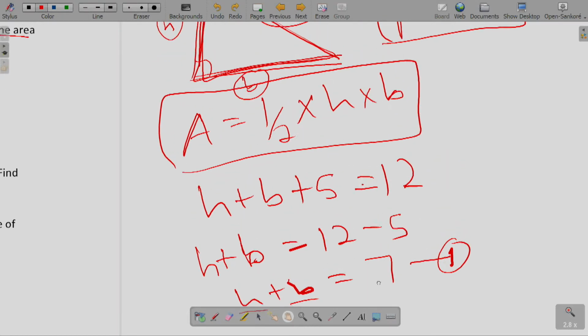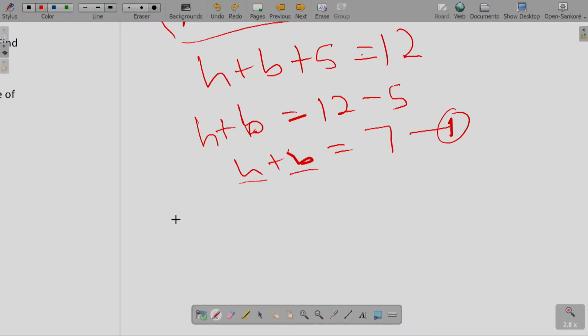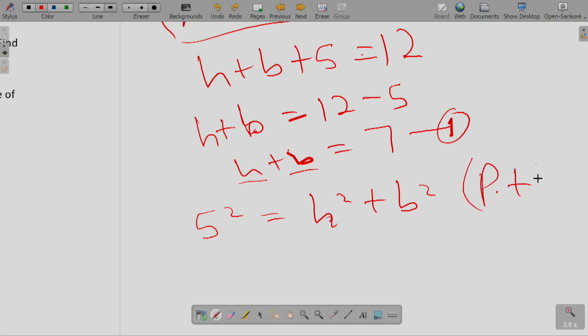From our triangle, the hypotenuse is equal to 5 centimeters. So from the Pythagoras theorem, 5 squared is equal to h squared plus b squared. Here I get 25 is equal to h squared plus b squared. So this is another equation.